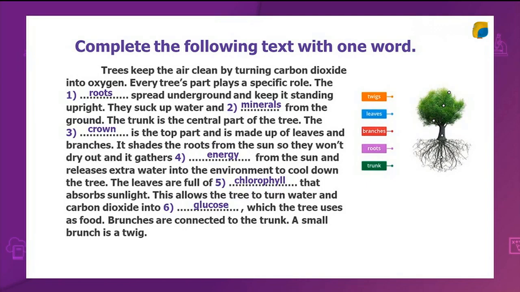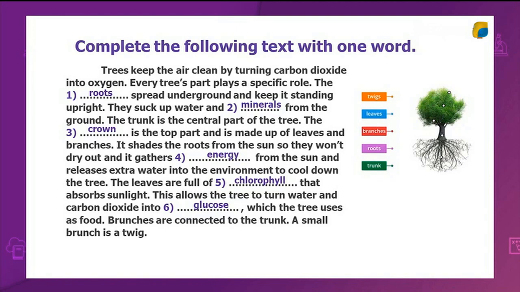The trunk is the central part of the tree. The crown is the top part and is made up of leaves and branches. It shades the roots from the sun so they won't dry out, and it gathers energy from the sun and releases extra water into the environment to cool down the tree.